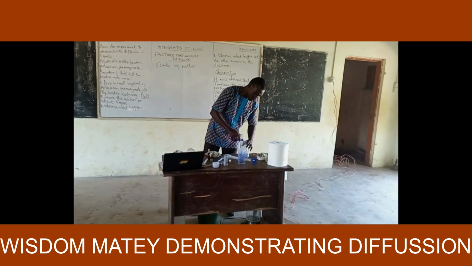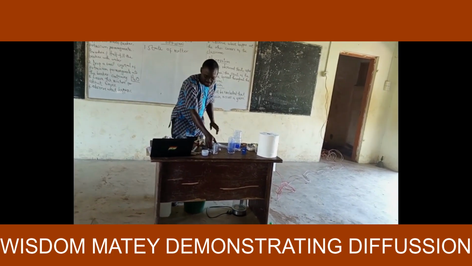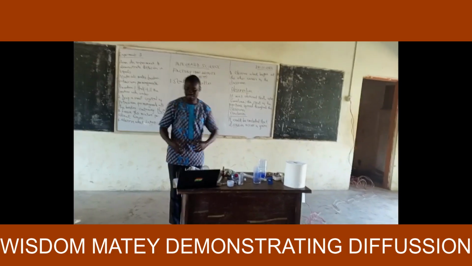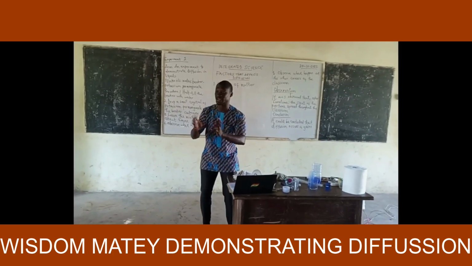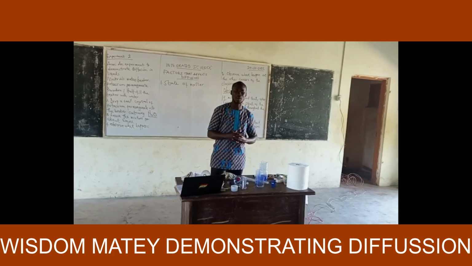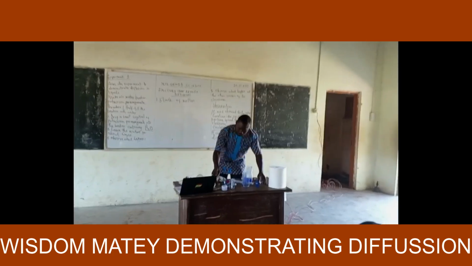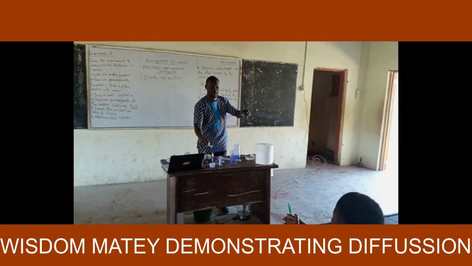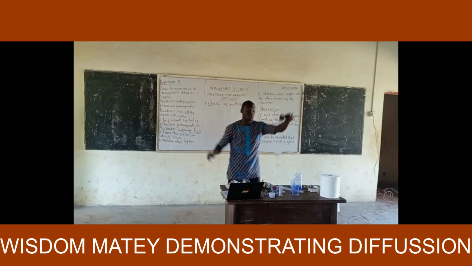Also, we can say the size of the molecule. Now, this size, we are going to talk about how small the particle is. For example, we have a solid, but we have ground this one into the powder form.